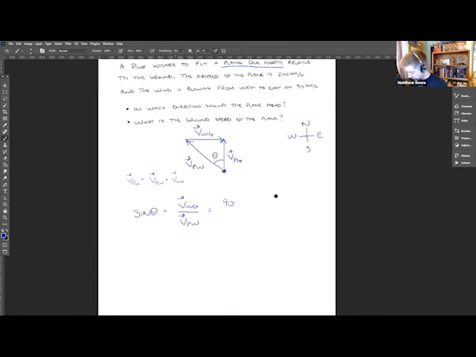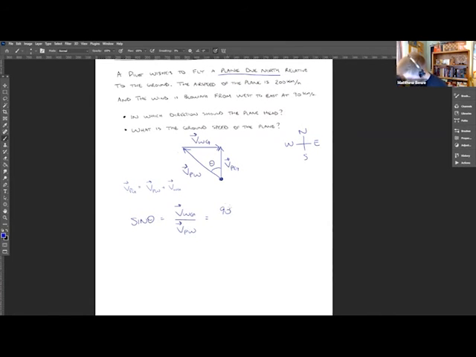So we could just plug in the values that we have been given. 90 kilometers per hour over 200 kilometers per hour. And a lot of this cancels, even the units cancel. So we have just 9 over 20.